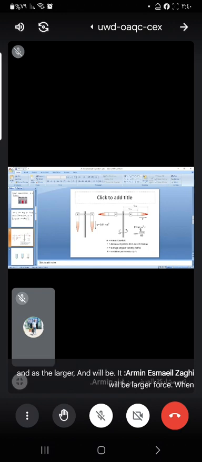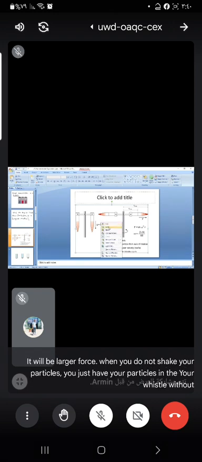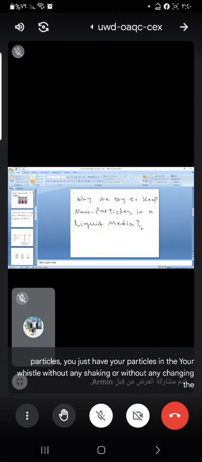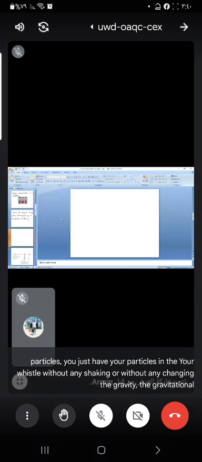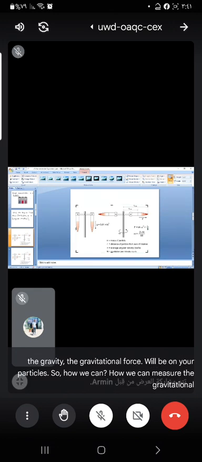When you do not shake your particles, you just have your particles in the vessel without any shaking or any changing, the gravitational force will be on your particles. So how can we measure the gravitational force?